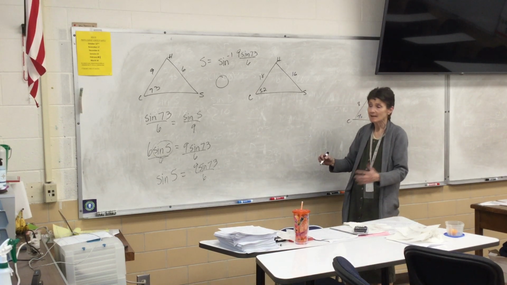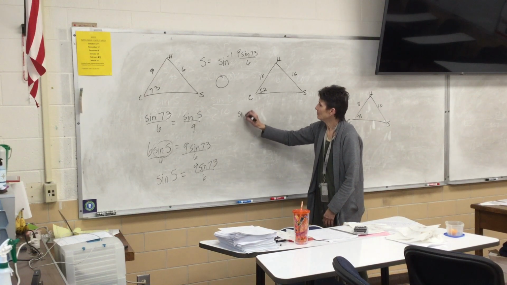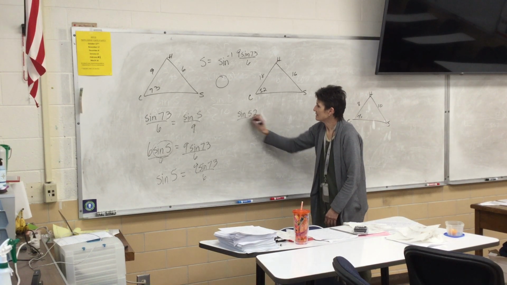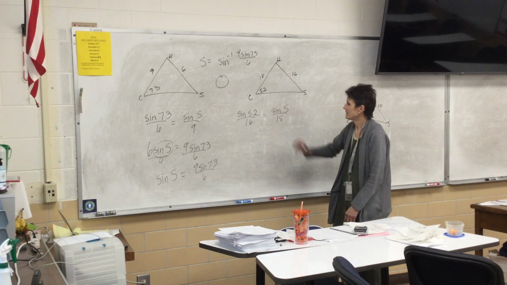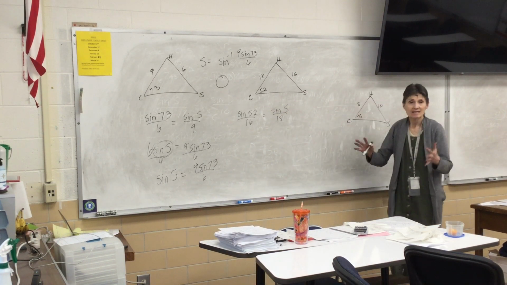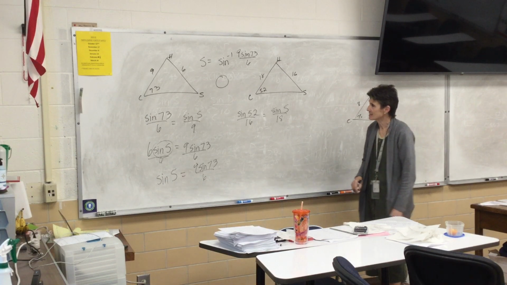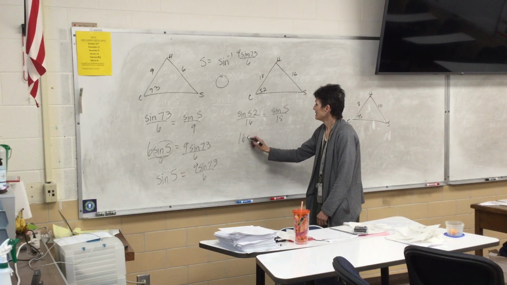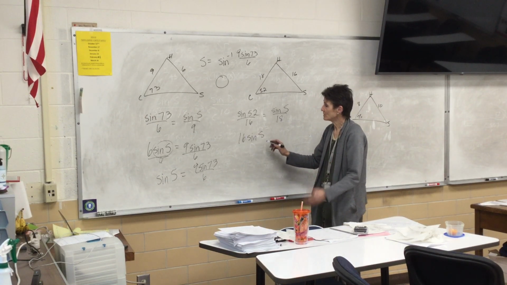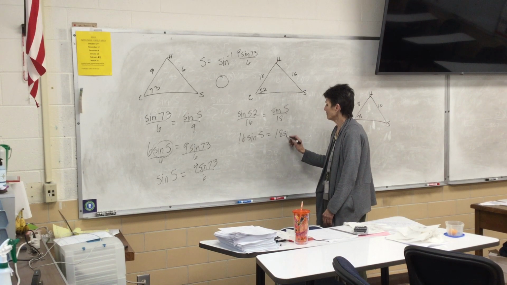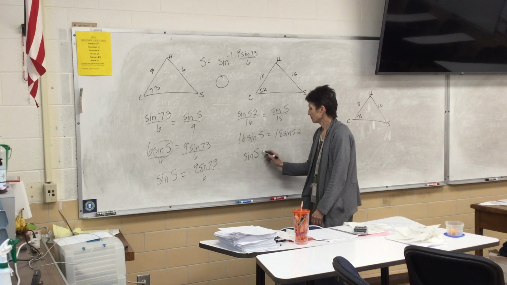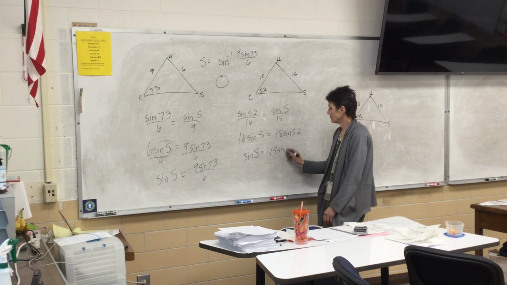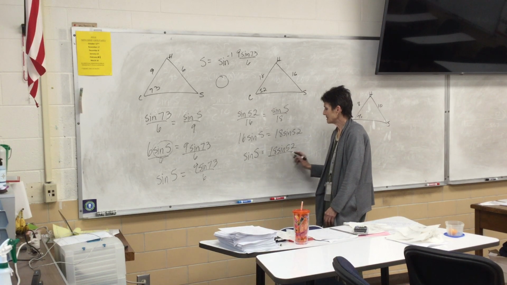The exact same thing. Sine 52 over 16 equals sine S over 18. The exact same setup, you guys. Everything is the same, except the numbers. So 16 sine S equals 18 sine 52. So sine S equals 18 sine 52 divided by 16.